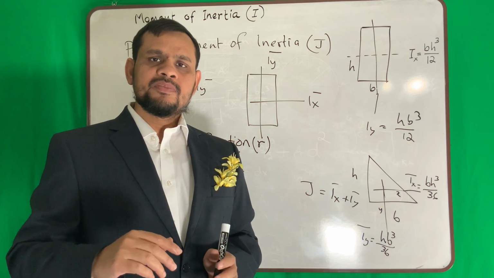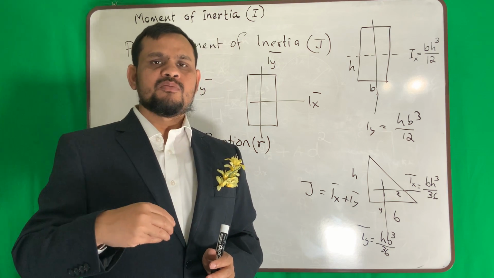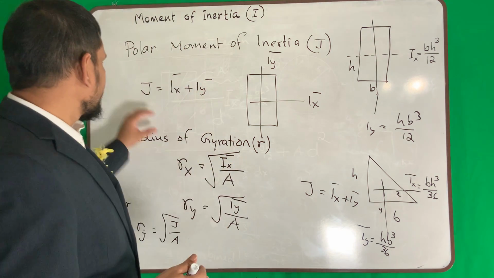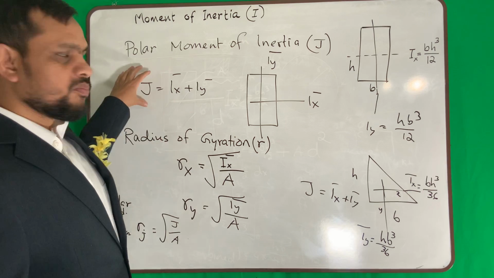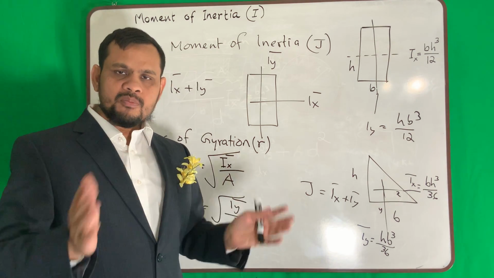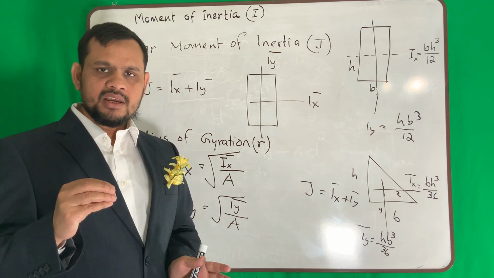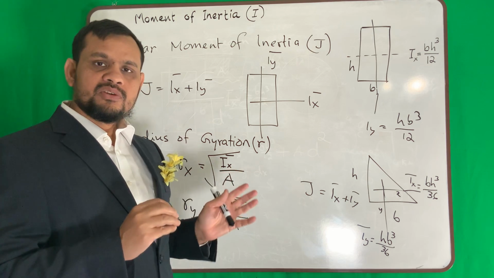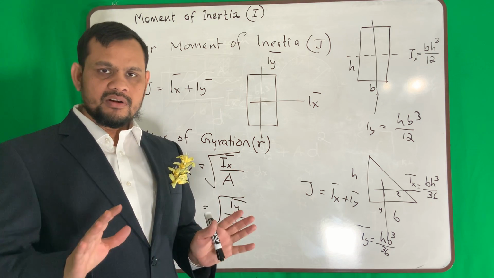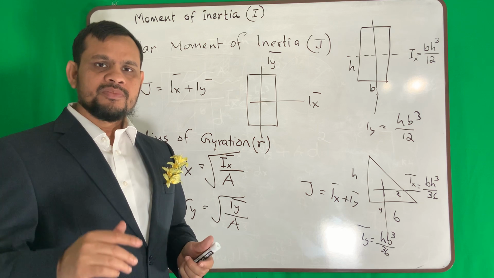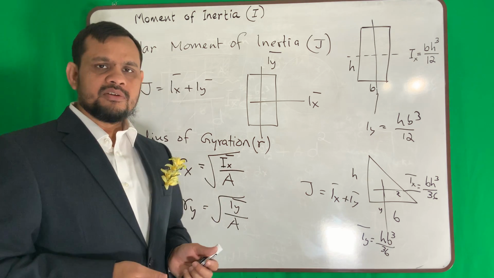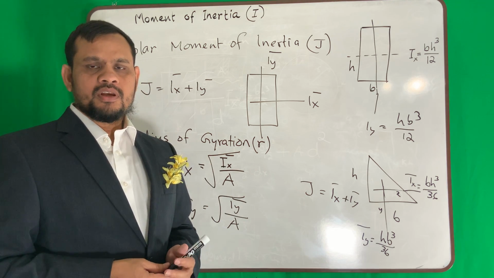We will use those to calculate the moment of inertia, radius of gyration, or polar moment of inertia of a composite section. That is our main target. So we need to use the parallel axis theorem a lot. Make sure you understood that. In my next video I will show an example. Thank you.